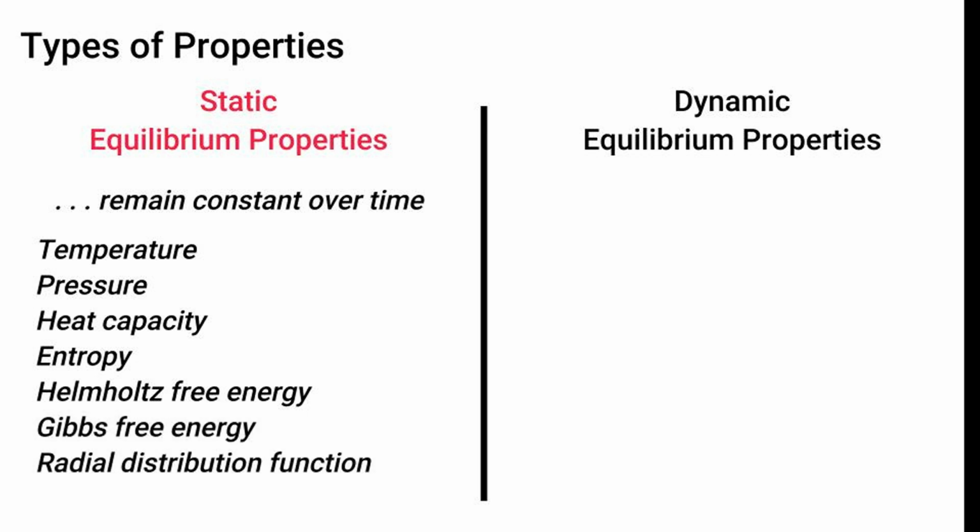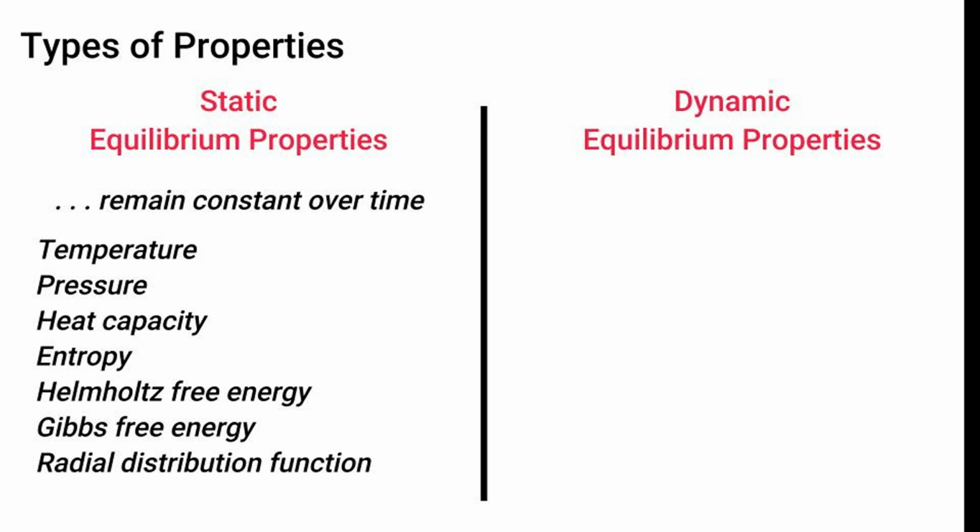The radial distribution function is another important static property that describes how particles are distributed within the system. For ideal gases, this function equals 1, but any deviation from this value indicates interaction between particles. Since the radial distribution function doesn't change over time, it's considered a static property.